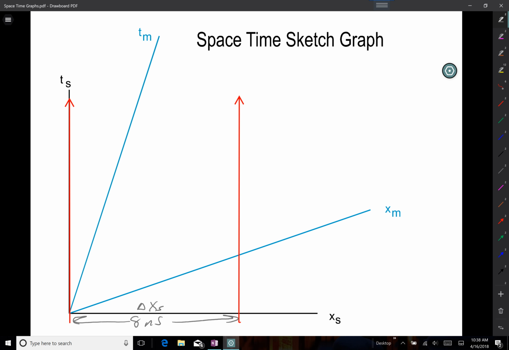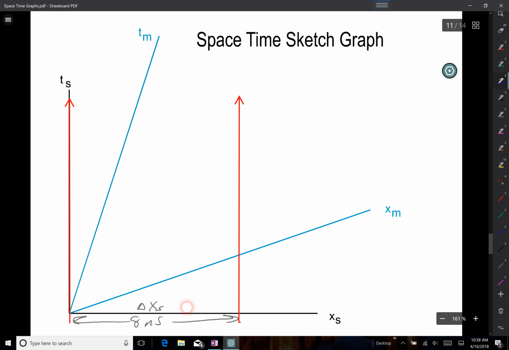What we want to do is put some tape down. The person measuring this object in the reference frame where it's moving would have to put tape down on the front and the back world lines simultaneously.